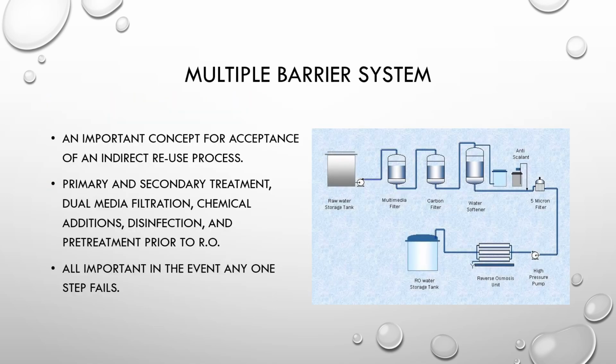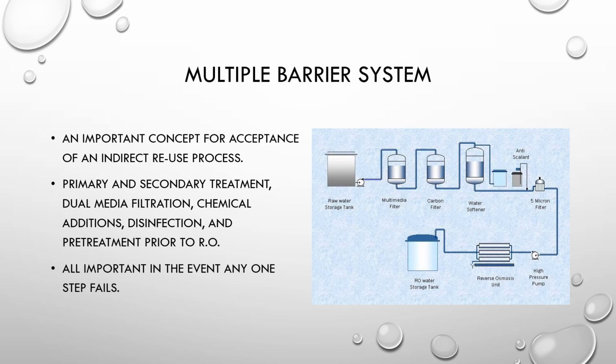It's very important to have a multiple barrier system with indirect reuse, because you don't want your public getting sick. So it's important that it goes through all of these stages prior to going out into a public system or being provided to the public. You want to make sure it has some kind of primary and secondary treatment, whether that be dual media filtration, chemical additions, or disinfection.